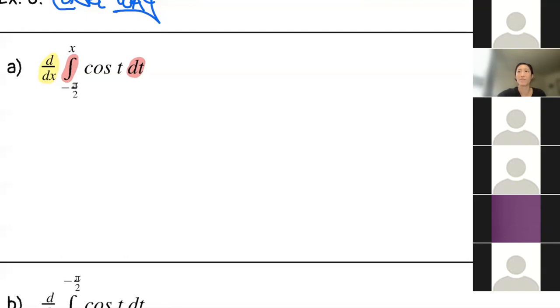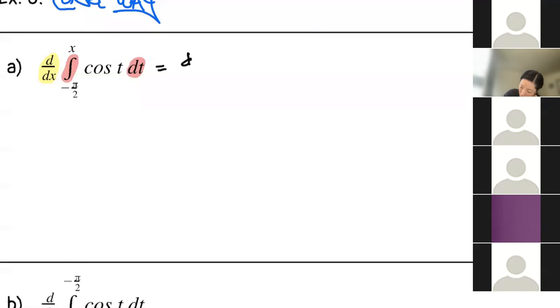Find the derivative of the integral. That's what this whole thing is saying. The yellow part is find the derivative of what? The red part, the integral, okay? So let's think about how we work through this.